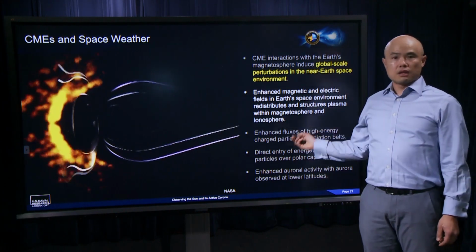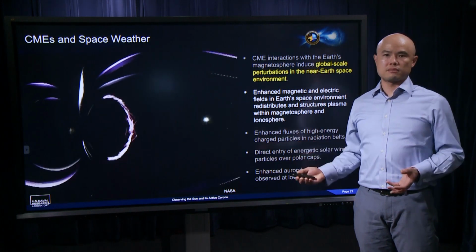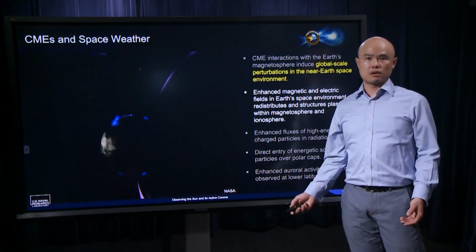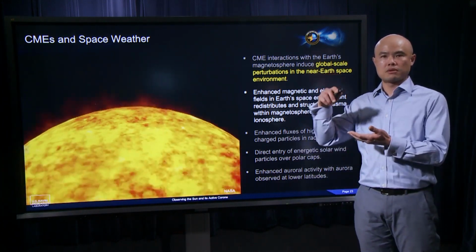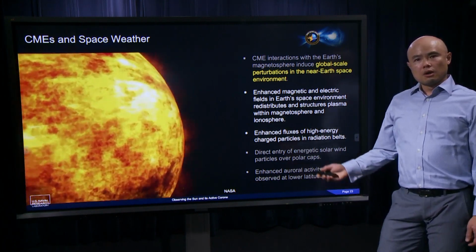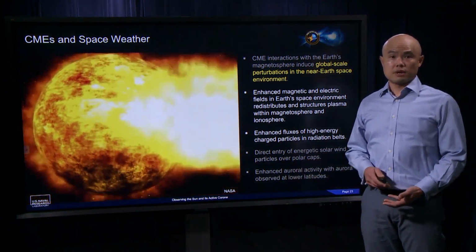Enhanced electric and magnetic fields in our magnetosphere create highly structured plasmas, or collections of charged particles, within our magnetosphere and our ionosphere, the portion of our upper atmosphere dominated by charged particles. We also see enhanced fluxes of high-energy charged particles in the Earth's radiation belts.